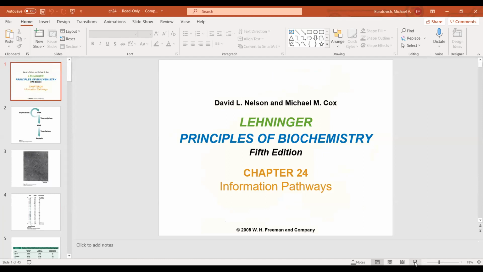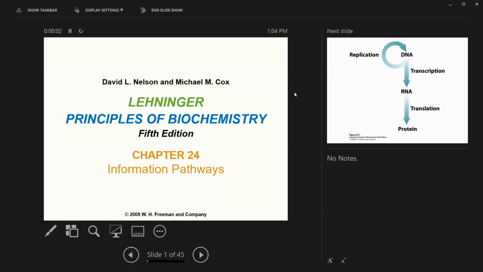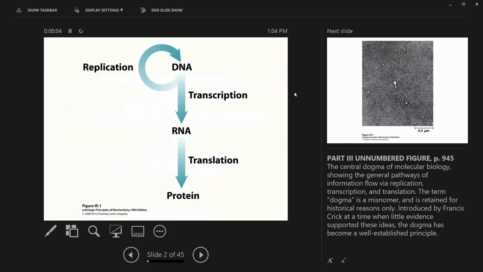All right, this is chapter 24. The so-called central dogma of molecular biology says that DNA can replicate itself. That's DNA replication. We will study that.